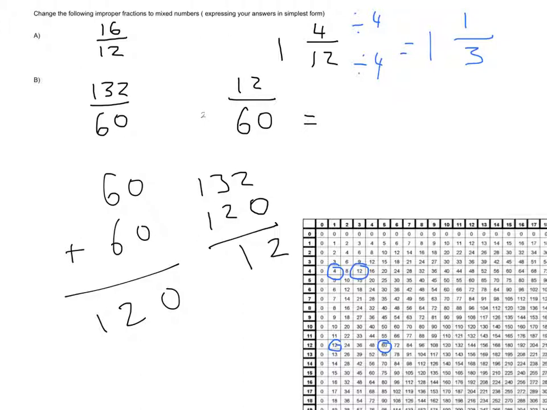So now we know that the number 12 goes into both the numerator and the denominator, because 12 divided by 12 is 1, and 60 divided by 12 is 5. So let's now put those in there. So 12 divided by 12 is 1, and 60 divided by 12 is 5.